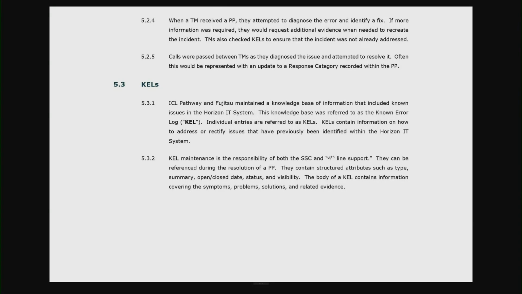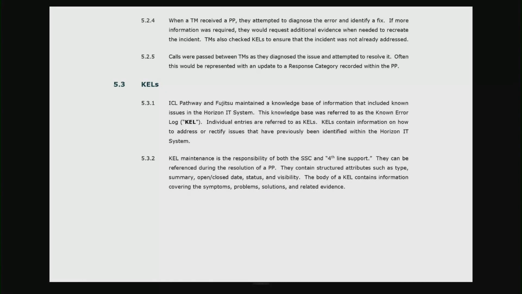Is that right? Yes. And they contain information on how to address or rectify issues that have previously been identified within the system. Yes. The responsibility for maintenance of KELs rested with third and fourth line support, is that right? Yes. And they are often or sometimes referred to during the resolution of a Pinnacle or a Peak. Yes.